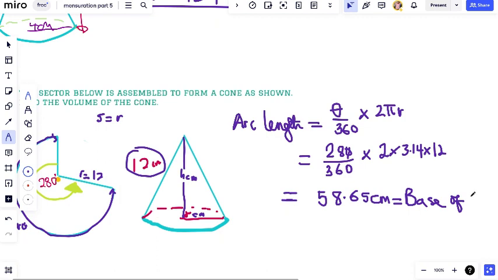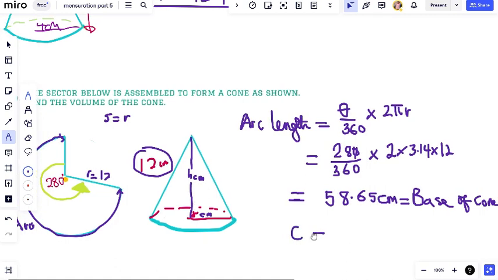So once that is established, that the arc length is the same as the base of the cone, then we will be able to realize the circumference. You know, the base of the cone is a circle, so circumference C is equal to 2 pi r, right? So from here we can find the radius of the cone.